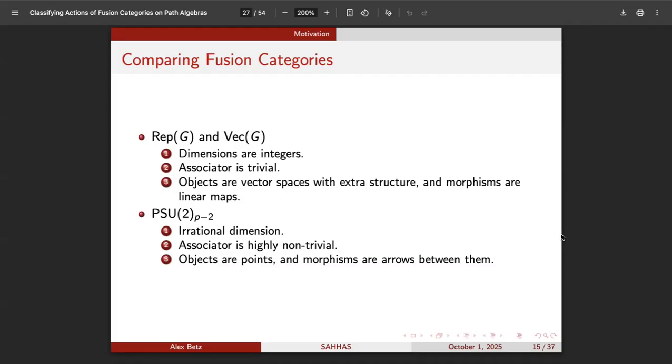It's a linear algebra exercise: you go around the pentagon, get a system of equations, and solve it. For the Fibonacci category, its associator is represented by a scalar and a 2 by 2 matrix, and that 2 by 2 matrix has a bunch of golden ratios in it. So when I say it's non-trivial, it's not just the obvious parentheses swap, and it also takes a lot of work to figure out.